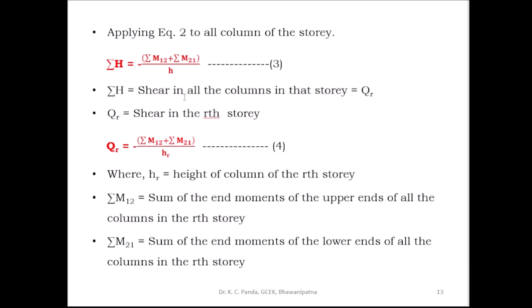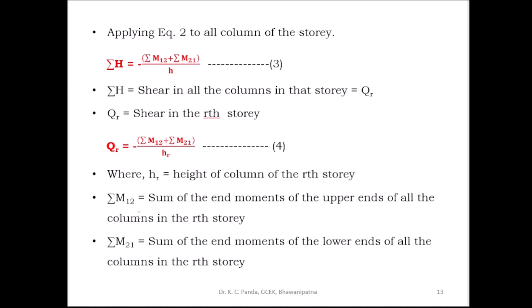Summation of H is the shear in all the columns in that story, equal to QR. So QR is equal to shear in the r-th story. So you have to take summation of H is equal to QR. So QR is equal to minus (summation of M12 plus summation of M21) divided by hR. hR is the height of column of the r-th story.